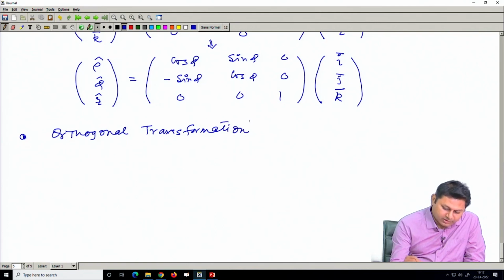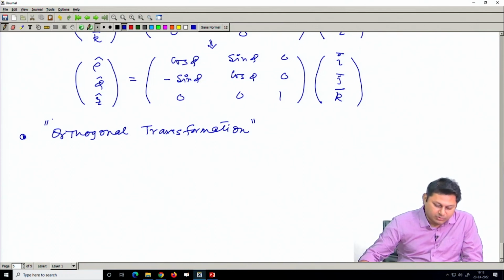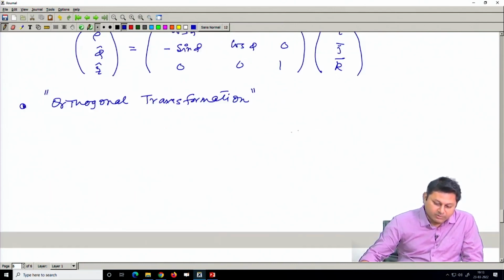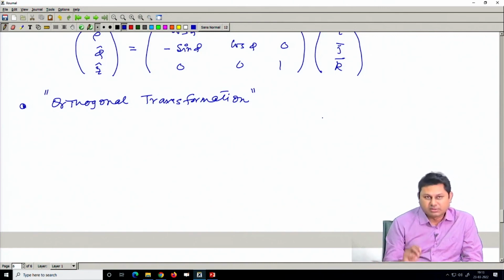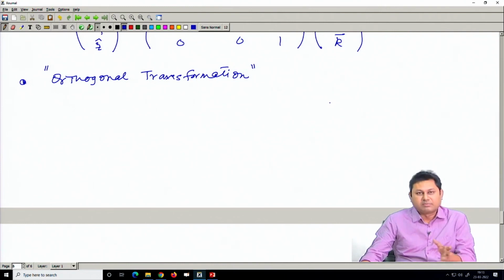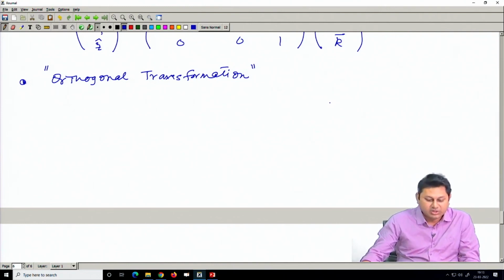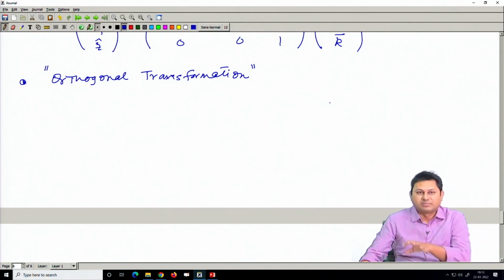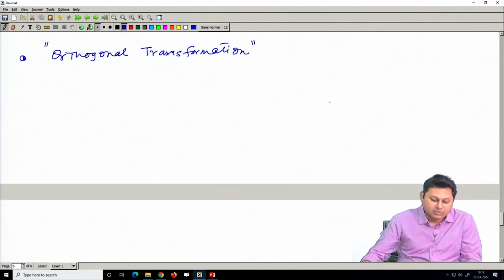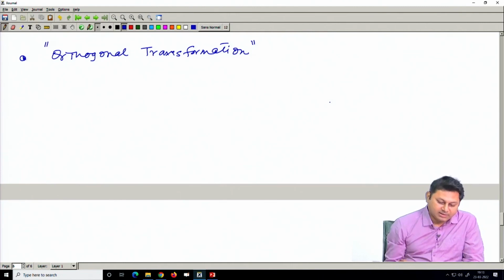So, what is an orthogonal transformation? We have one basis and now we are going to another basis. The thing is that two bases are forming two different orthogonal systems, and so the question is how I can find this matrix which can go from one basis to another basis, and what is the property of this matrix.